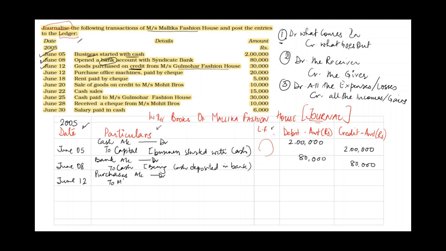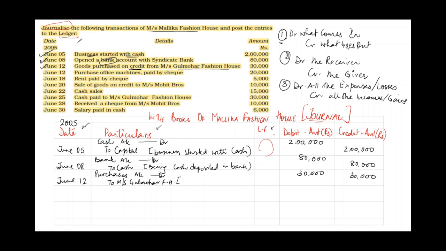So here the name should be Gulmohar Fashion House. If the purchase was a cash purchase, it would have been purchases account debit to cash or bank. But here it is credit, so that person's name you will write, with 30,000. So you will debit purchases account 30,000, and on the credit side you will write Gulmohar 30,000.